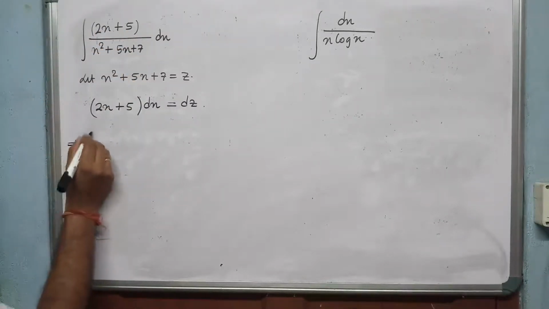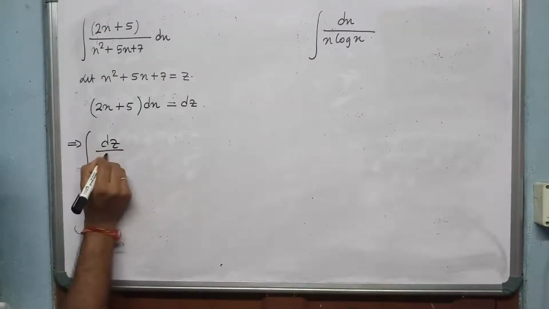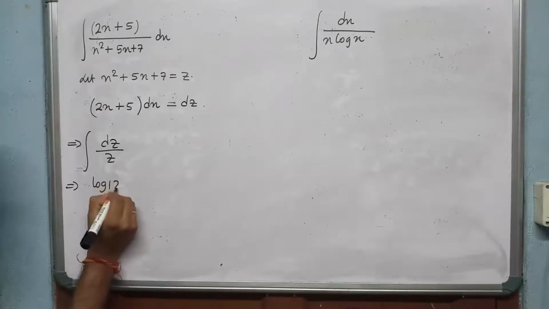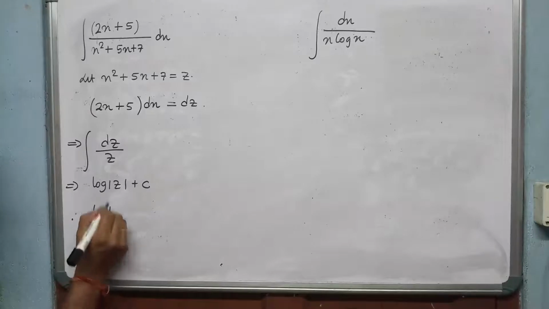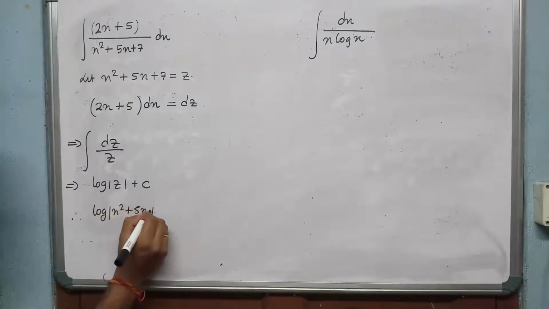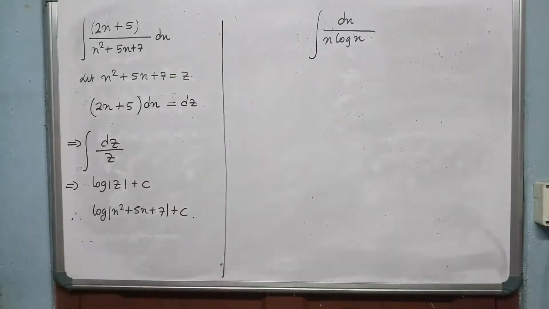So the integration of 2x plus 5 dx is dz over z. Integration of dz over z is log of mod z plus c. Therefore log of, and the value of z is x square plus 5x plus 7, plus c. Now this is finished.